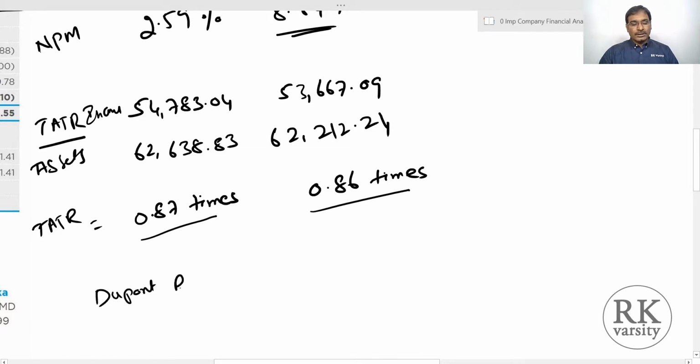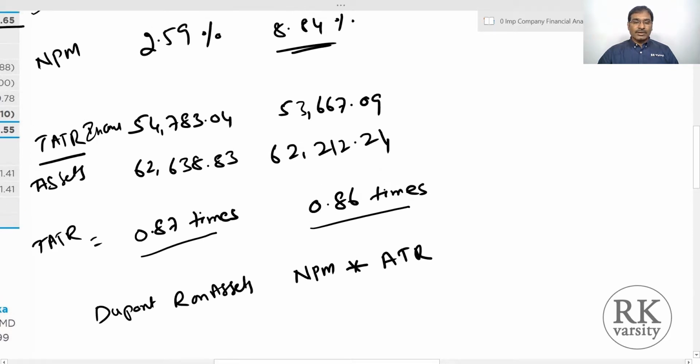Now to get your DuPont return on assets, we are saying that net profit margin times assets turnover ratio. So here we have our net profit margin for 2019: 2.59 times assets turnover ratio of 0.87.